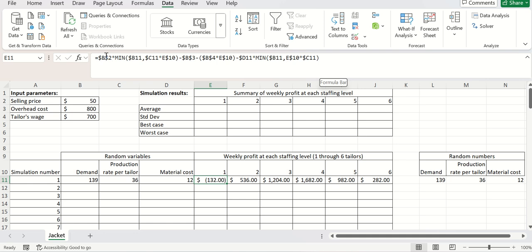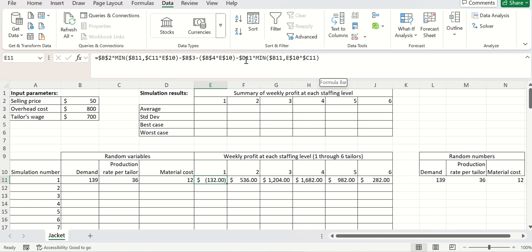So the price of a jacket times the minimum of that value, and then we need to subtract away the overhead cost. Overhead cost always remains there. Then we need to subtract away the amount for the tailors. This is the wage per tailor, and this value here is the number of tailors that we have. Finally, we need to subtract away the cost of each one of the jackets.